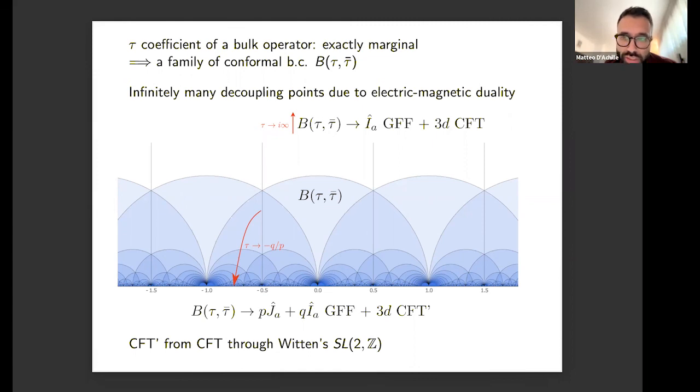I think it's related to the fact that for the group SL2Z, if you look at the orbits in the hyperbolic plane, each triangle in the plot that Edoardo showed us should have the same area in hyperbolic coordinates.